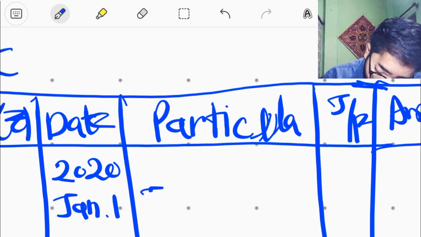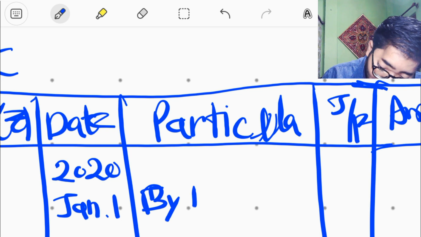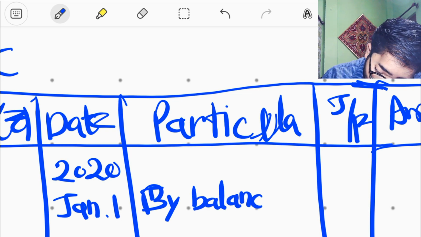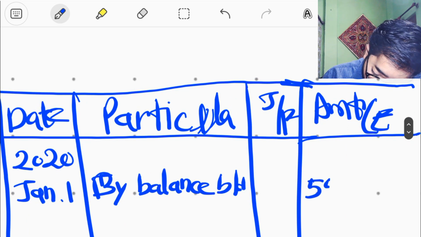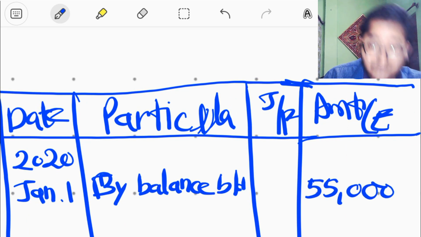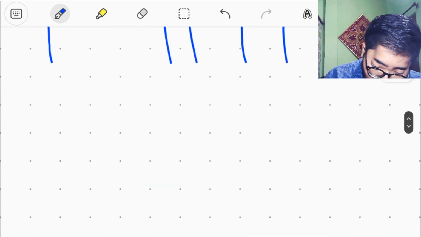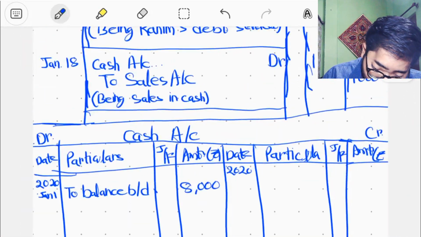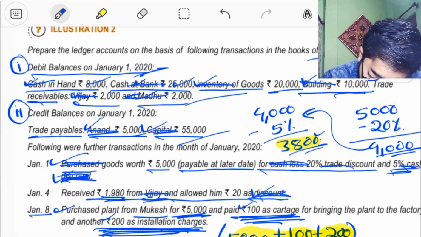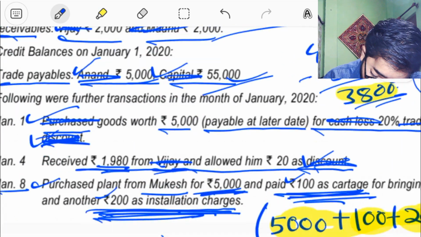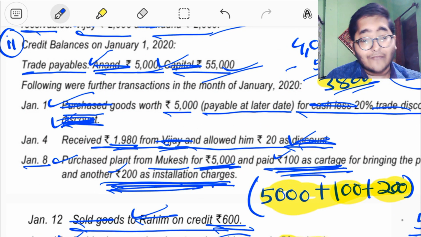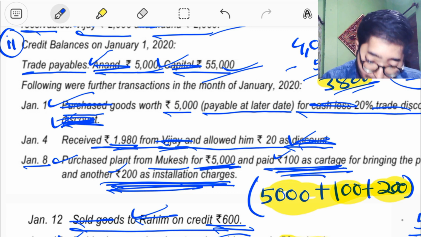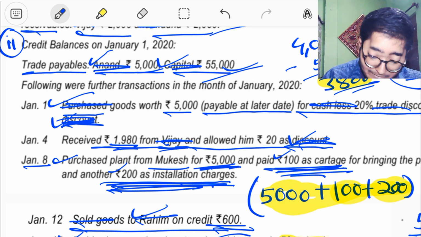Opening date by balance BD 55,000. Now it's done. Our purchase account, sales account, these transaction accounts are not bearing any opening balance. These are the opening balances.